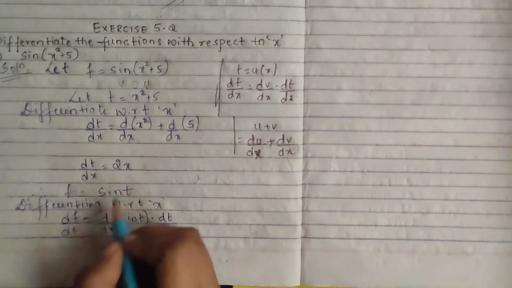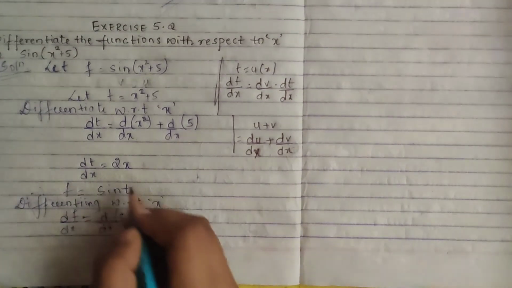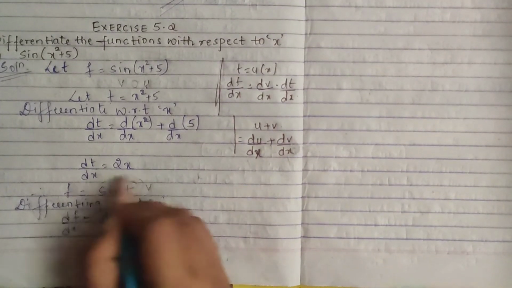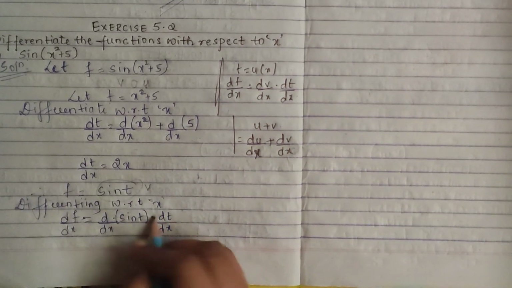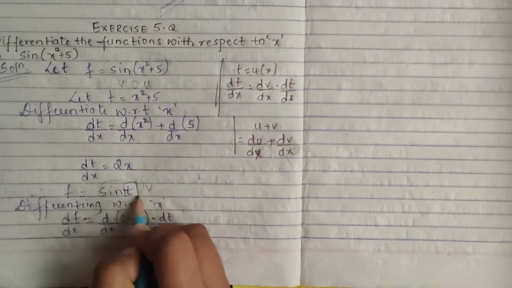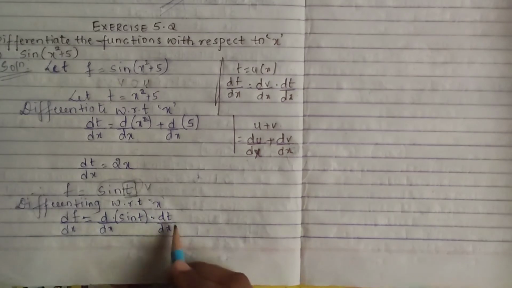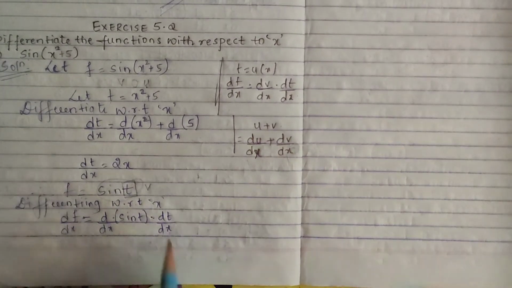This is my whole v, right? So this is d by dx of sin t into dt by dx. dv by dx into, again here t is there, so that becomes dt by dx.